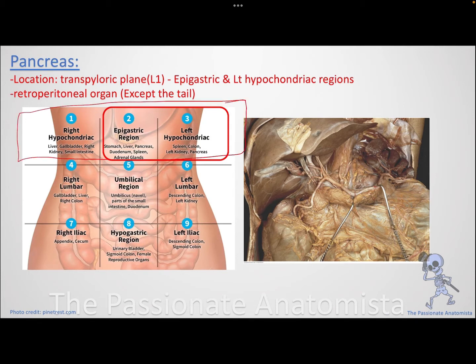So the liver is located in the right hypochondriac, epigastric, and left hypochondriac regions. Now, the pancreas is the middle-sized organ of the three, so it will be located in the epigastric and left hypochondriac regions, and the gallbladder is in the right hypochondriac.